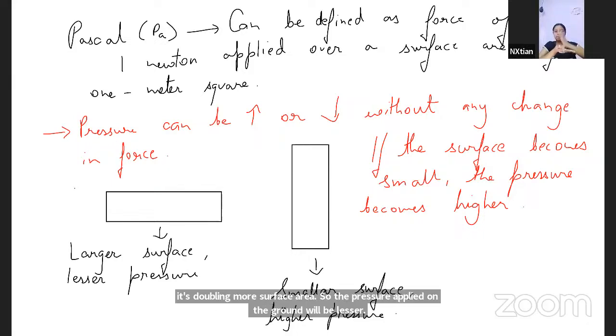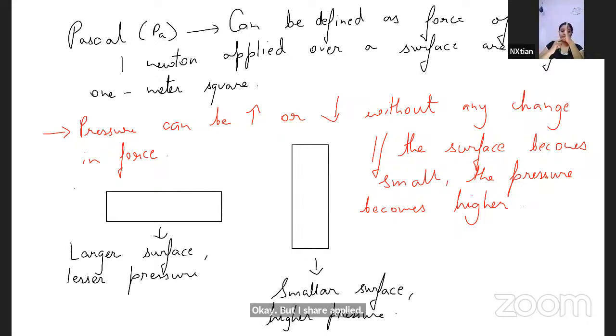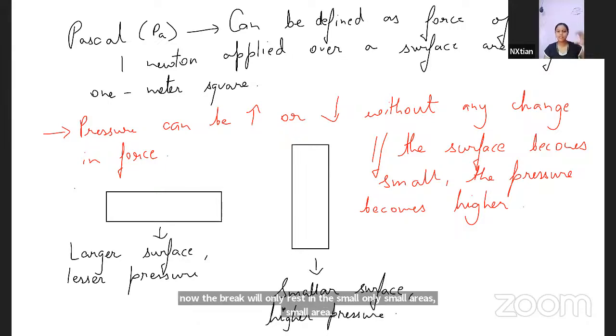But now I have made the brick standing. It's not lying flat. It is standing on the ground, perpendicular to the ground basically. So now the brick will only rest on a small surface area.